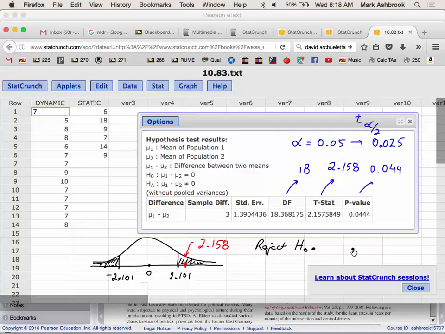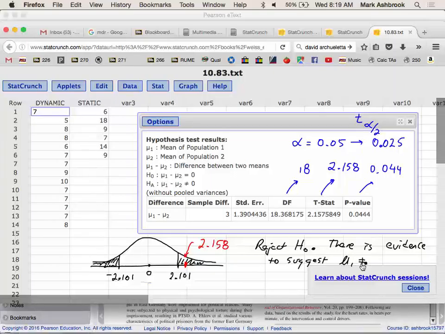There is evidence to suggest that the population mean of population 1 is not equal to the population mean of population 2, at the 5% significance level. What does that mean? There's evidence to suggest that these two classes don't type at the same average speed, that these two classes type at different speeds.